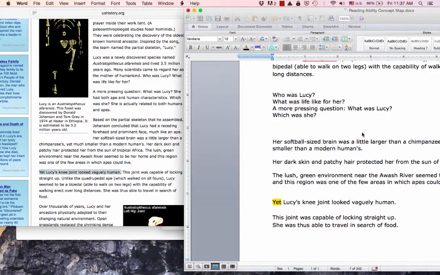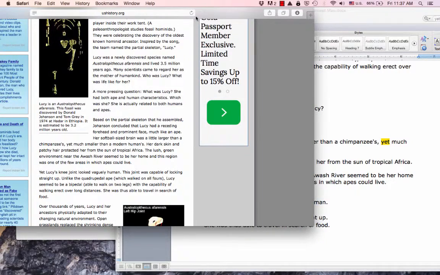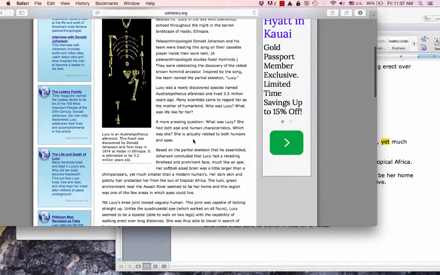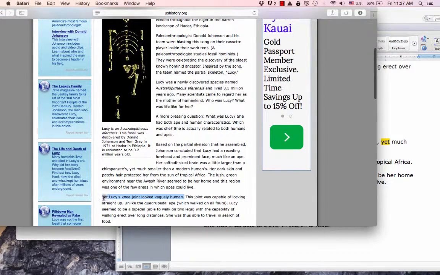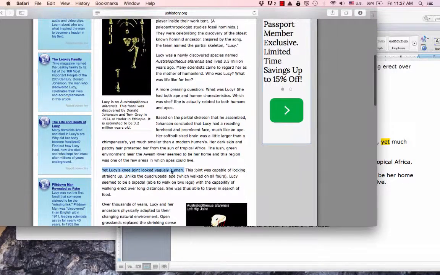So we now see that this is what the function of yet is, and we see that the history text seems to be setting up propositions and then I'll call them contradictions, or contradicting ideas. Okay, and so we see this rhetorical effect that's happening more than once, and if it's happening more than once, that's a pattern, and that's something you're going to have to teach.